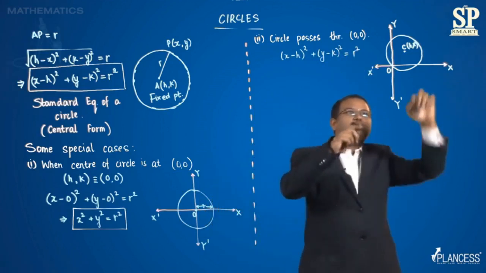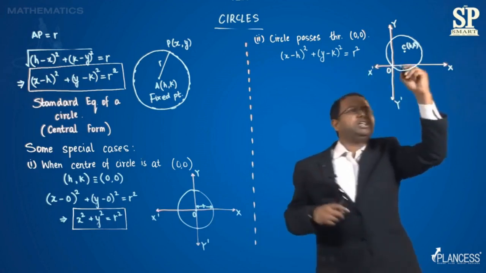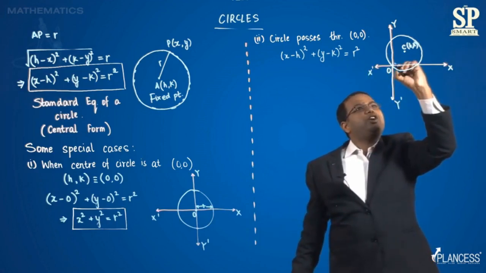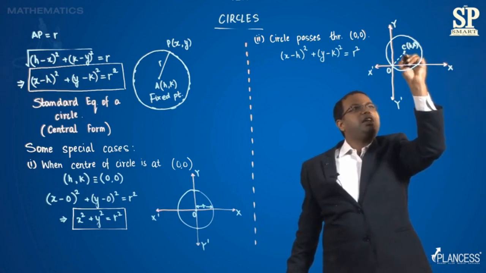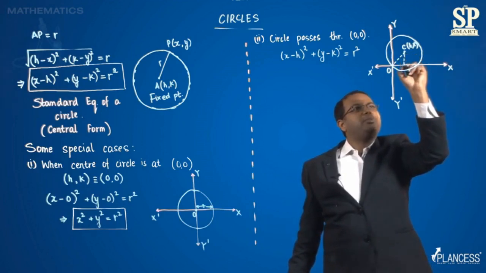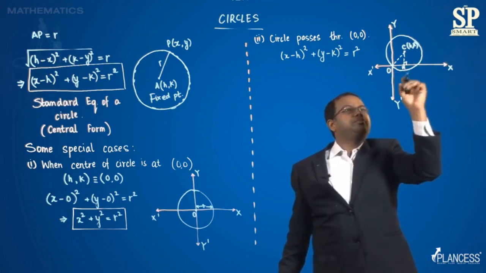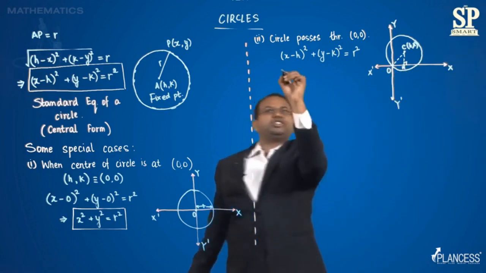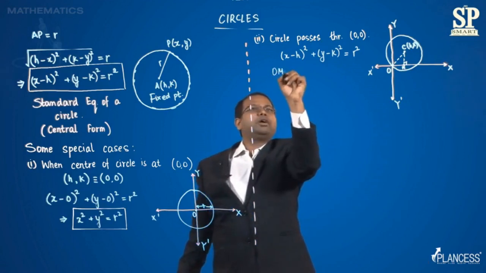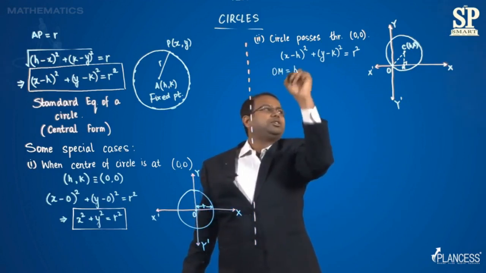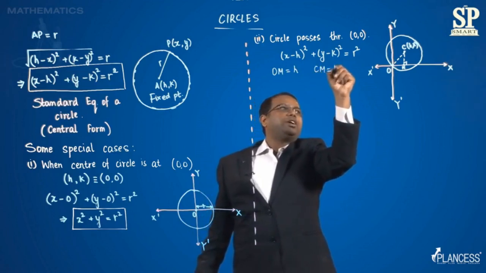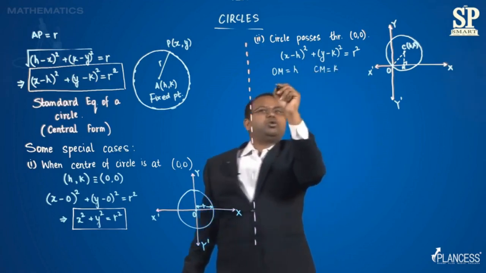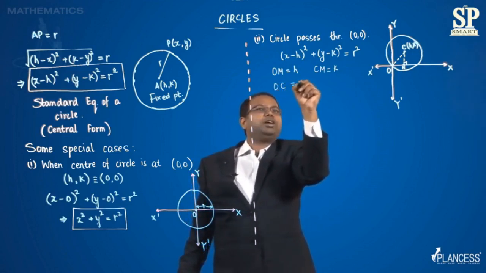Now in order to see what happens here, let me just join the origin and the center, and from center let me draw a line which is perpendicular to the x-axis. We call this point, let us say, M. So the distance OM is nothing but h, and the distance CM is nothing but k, and OC is nothing but r.